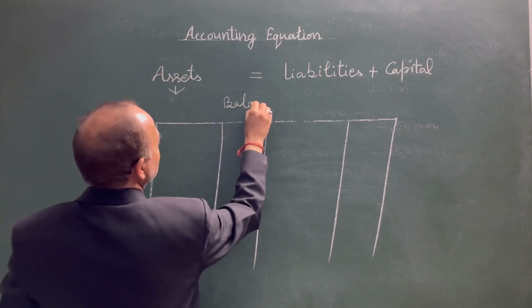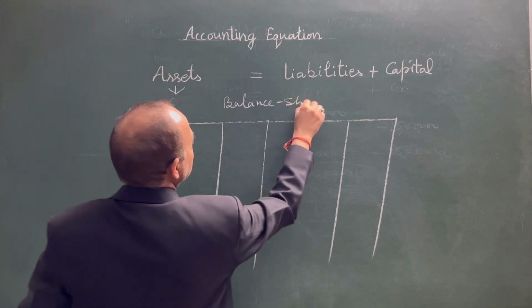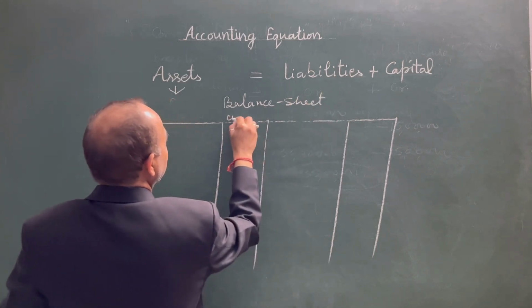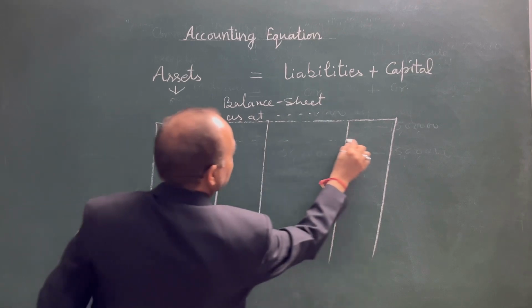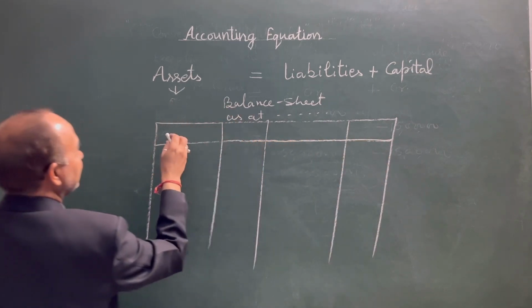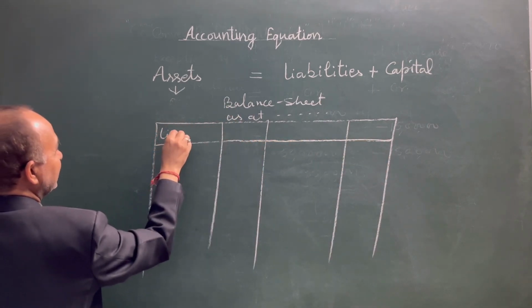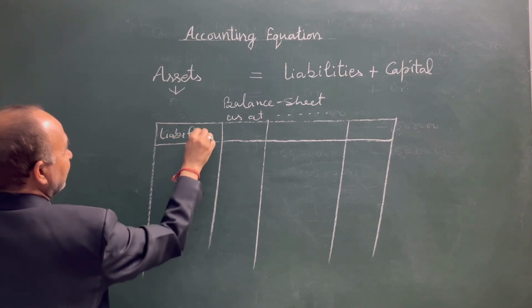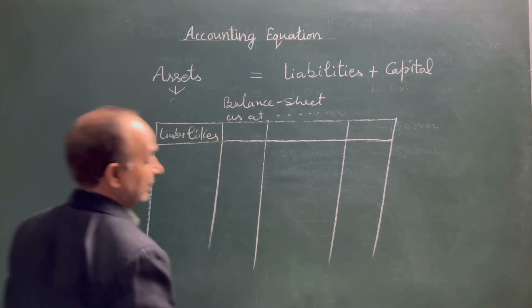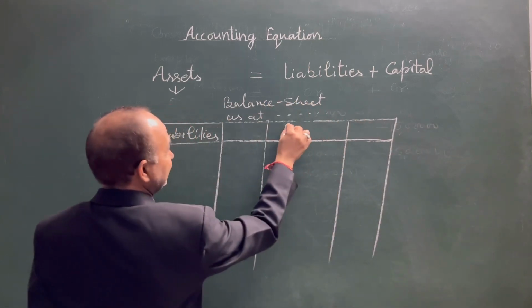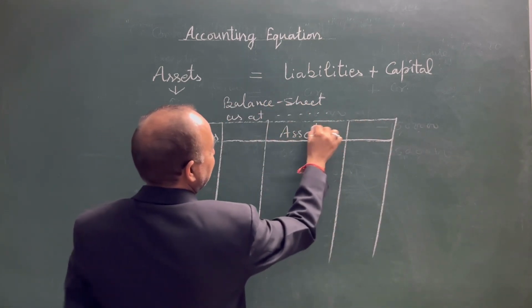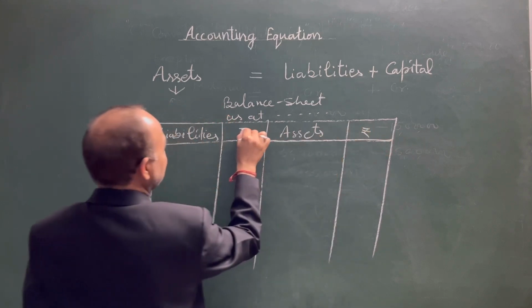Balance sheet has two sides, and we write here balance sheet as at, the date 31st March. The left hand side is the liabilities, and the right hand side is the assets. See this, friends.